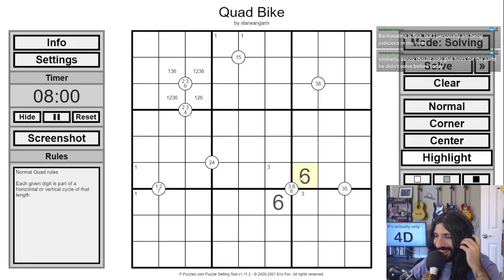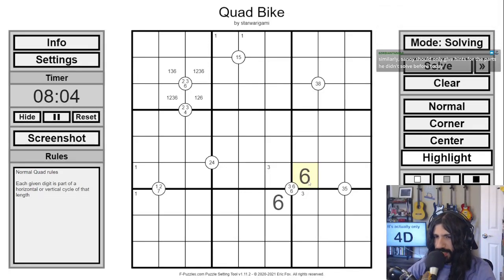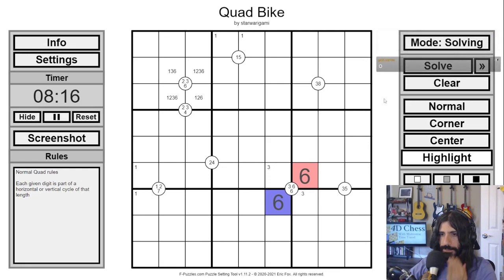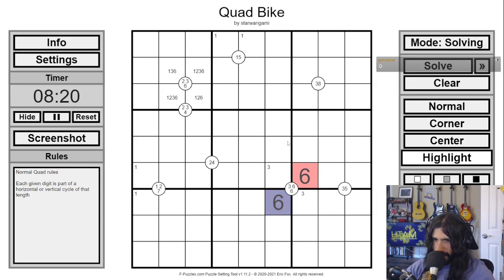Red horizontal, blue vertical, and gray for undecided. So this has to be part of a horizontal cycle because it can't be part of a vertical cycle. It would point to itself. So this is colored red and this is colored blue. So we've got a horizontal cycle length 6 and a vertical cycle length 6.